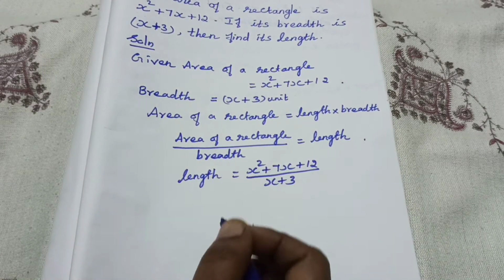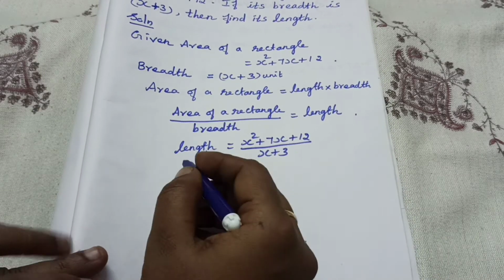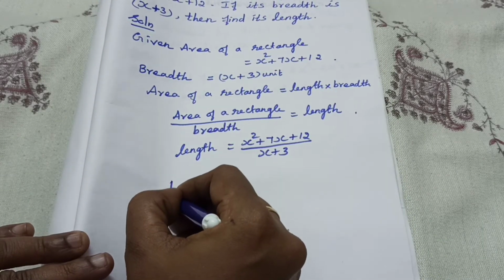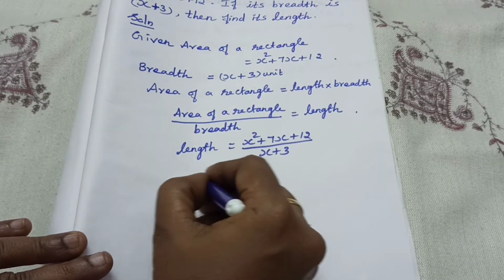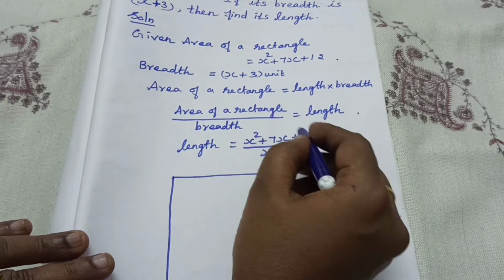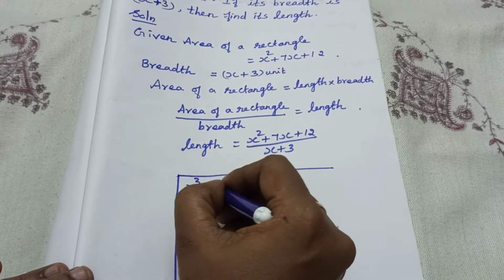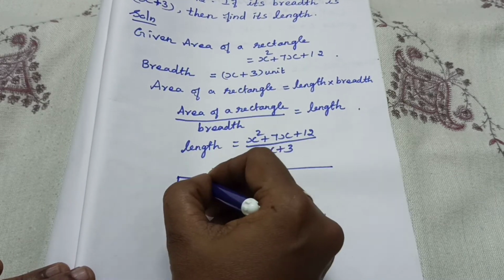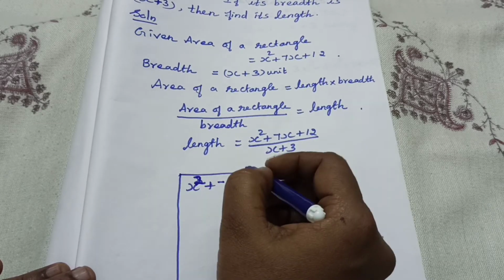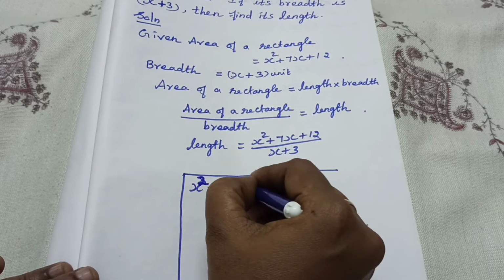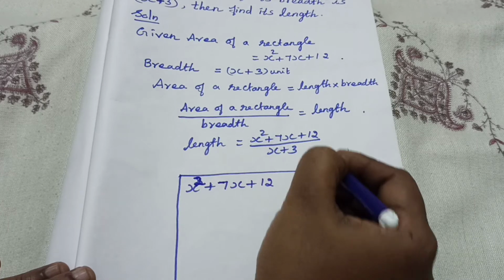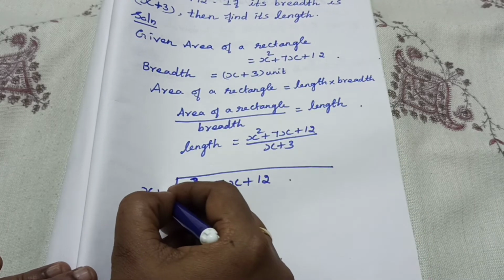Okay, then ordinary division, like the previous model division. Shall we divide? This is the dividend, this is the divisor. Then x square plus 7x plus 12 divided by x plus 3.